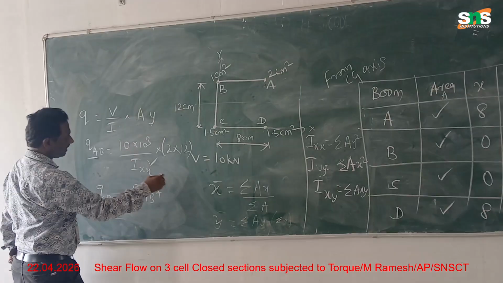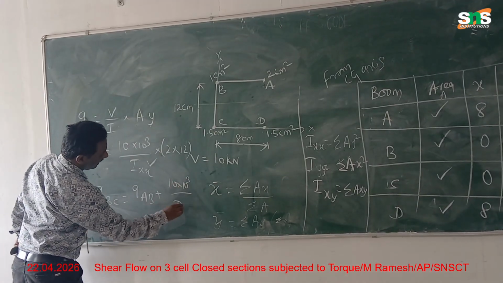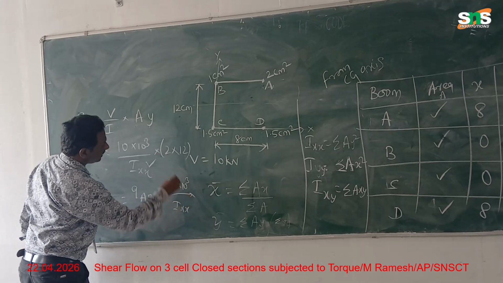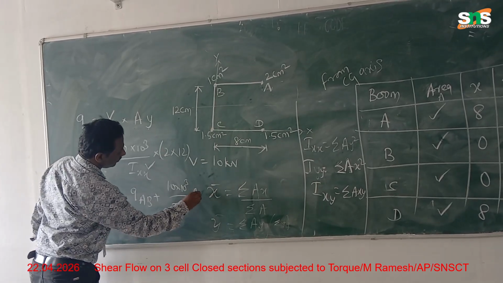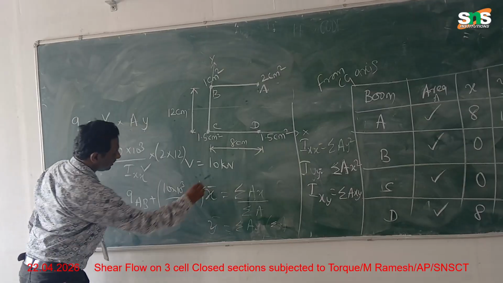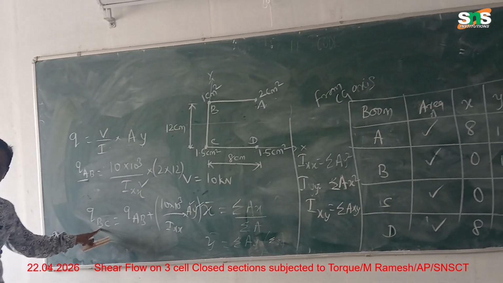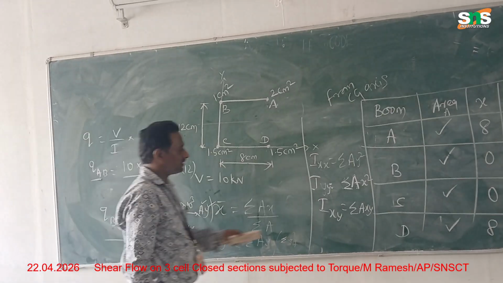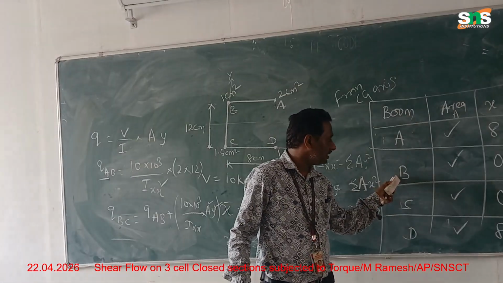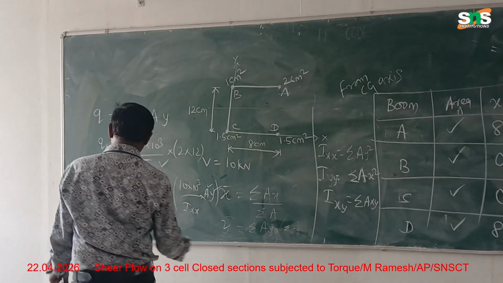V by I means 10 into 10 power 3 divided by Ixx, into area into y value. Here, which point do you take? It is BC, and the first letter is B. So for B, you refer to the table and find A into y. Accordingly, you can get the value of QBC.